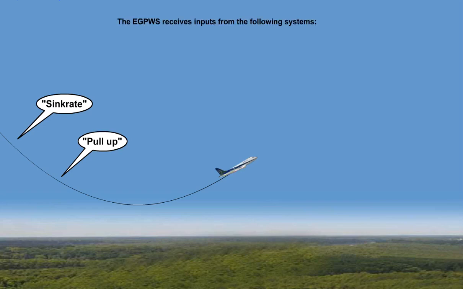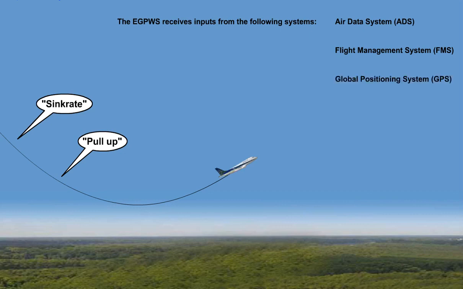The EGPWS receives inputs from the following systems: Air Data System, ADS, Flight Management System, FMS, Global Positioning System, GPS, Inertial Reference System, IRS, Radar Altimeter, Slats and Flaps Control System.